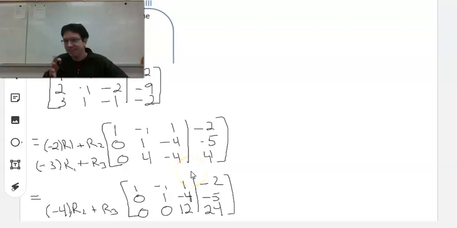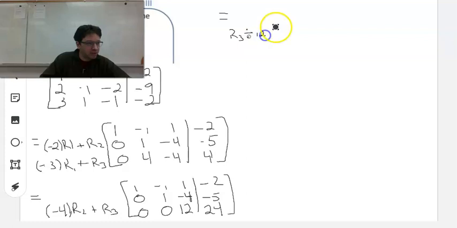But I'm going to show you another little trick you can do with matrices. So I'm going to continue my work up here. I'm going to write equals. And what I'm going to do is just take row 3 and divide it by 12. First two rows are going to stay the same.